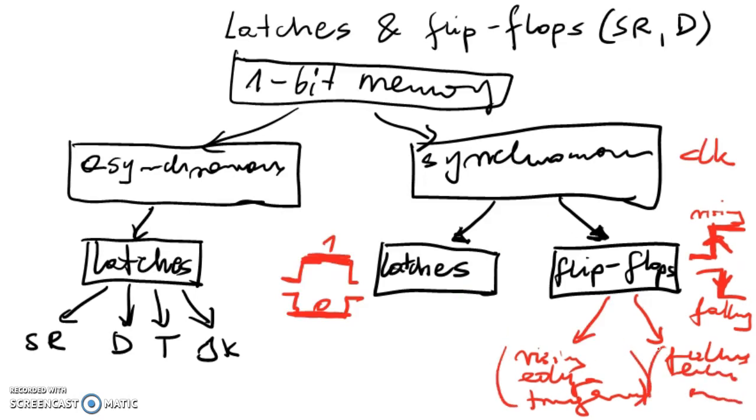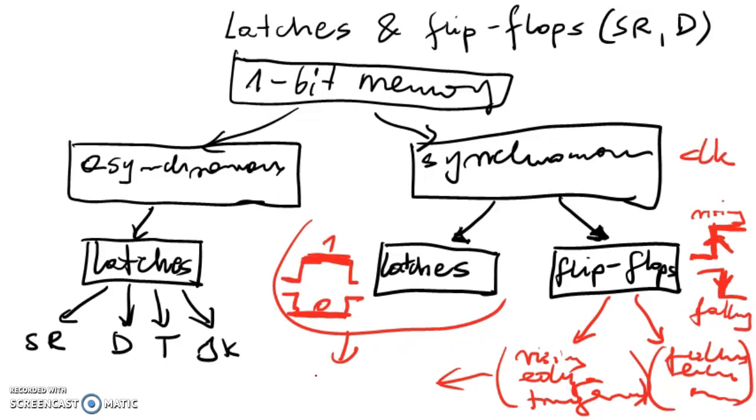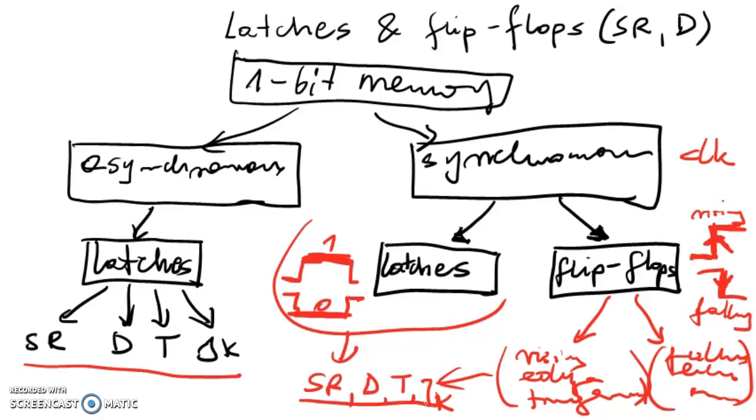In each of the families, and also for latches, there are 4 types of 1-bit memories, and they operate in the same manner. The difference is when they can change their states.